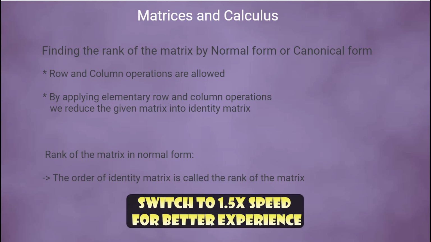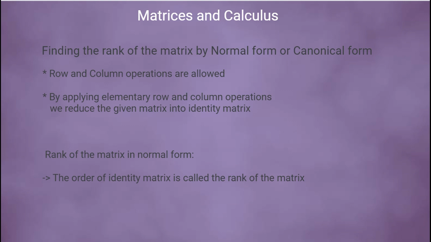In this lecture, let's discuss finding the rank of a matrix by normal form or canonical form. In this normal form, we basically have 2 points. The first point: row and column operations are allowed. The row operations include R1 minus R2 equals R1, or R1 plus R2 equals R3, R2 minus R3 equals R3, or R1 swap R2.